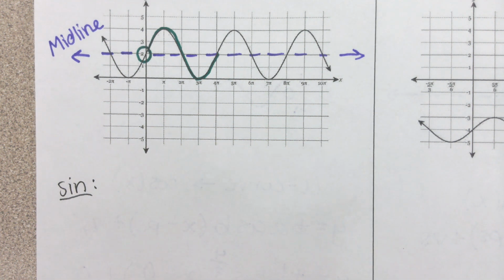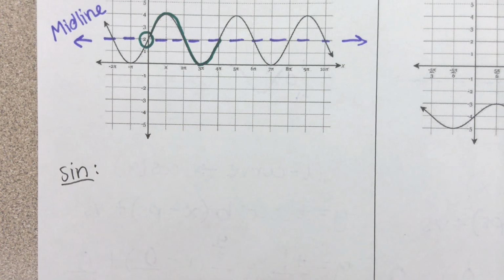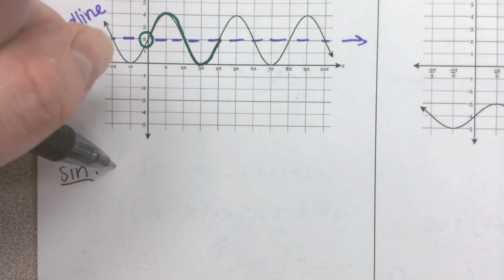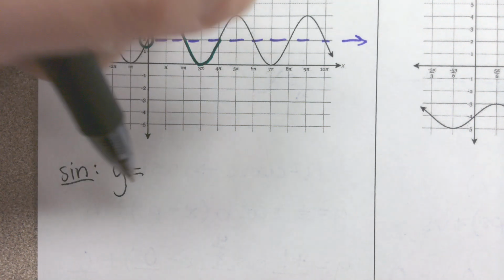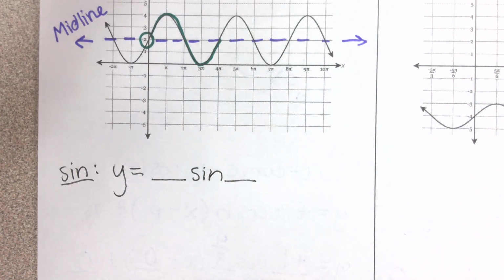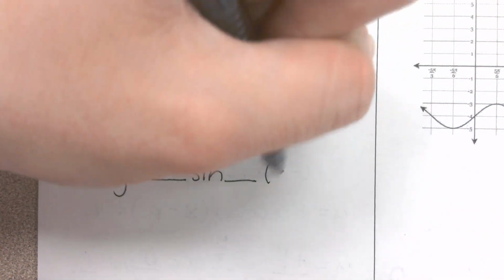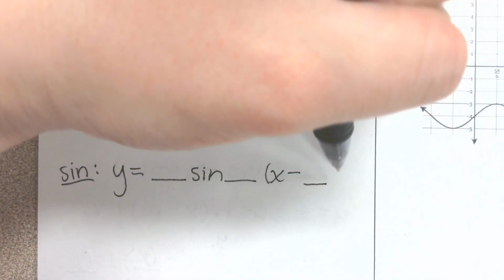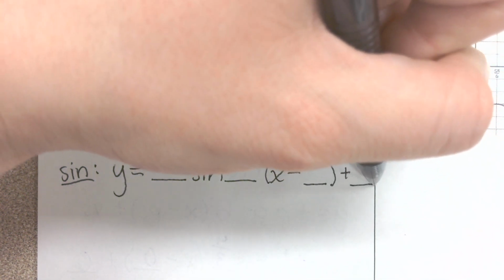I'm not going to write the general equation out, I'll just set up the template I'll need. Y equals a blank for A, sine, a blank for B, X minus a blank for the phase shift, plus a blank for the vertical shift.